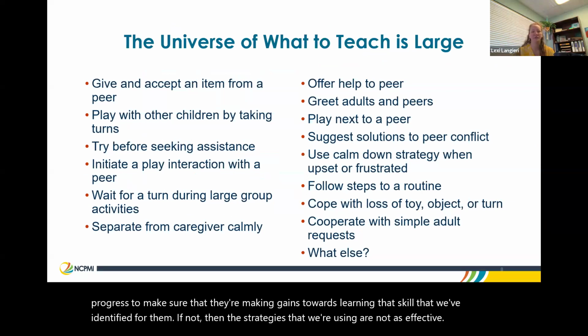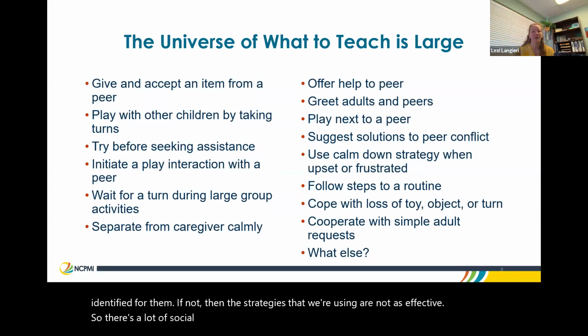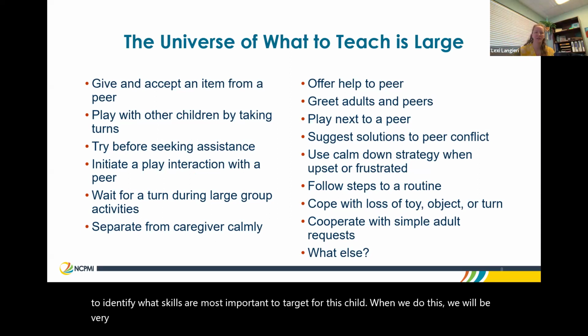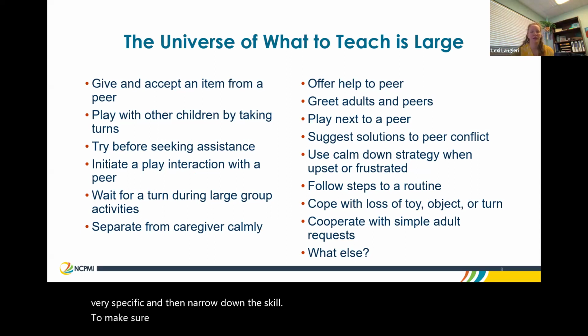So there are a lot of social emotional skills that might be taught. Our first task is going to be to identify what skills are most important to target for this child. When we do this, we will be very specific and narrow down the skill to make sure it's very clearly defined and not just a really broad, large category of skills.